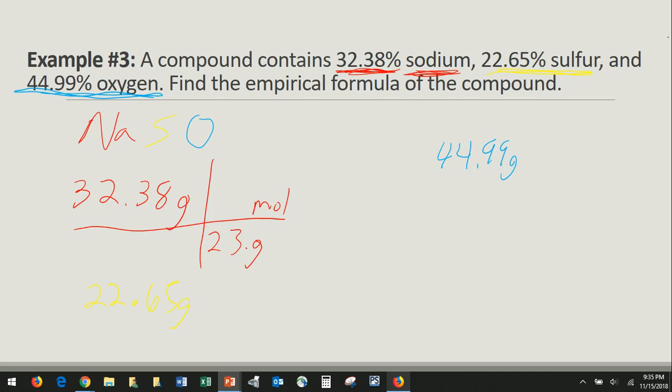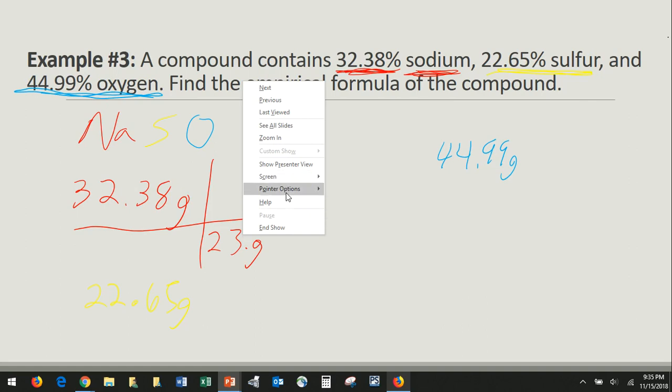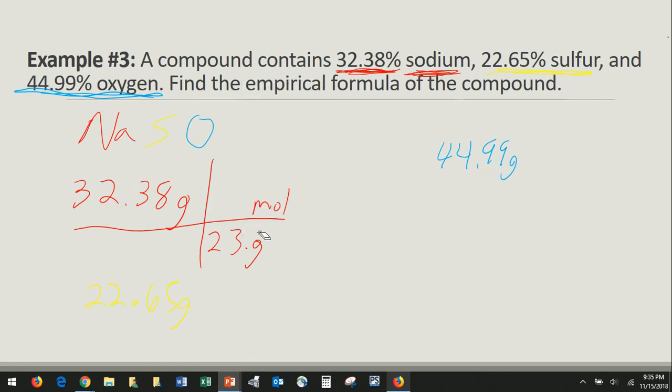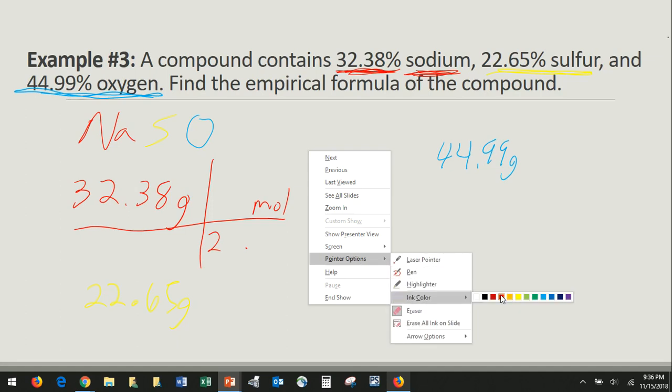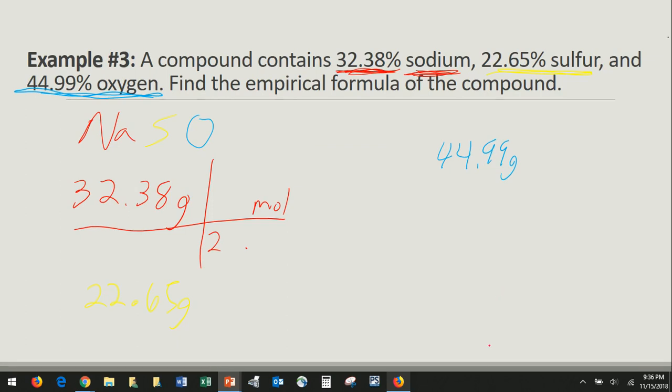Actually, let me do it this way. I think I have a new idea. Let's do it this way. All right. So if you go to the periodic table, you will see that 1 mole of sodium weighs 22.9, if it's 98 or 99 ballpark.